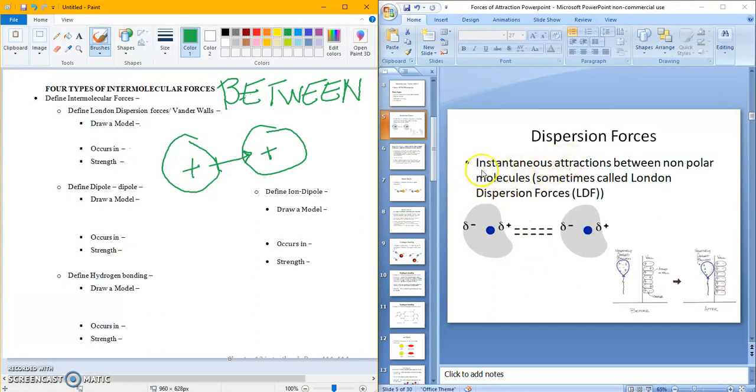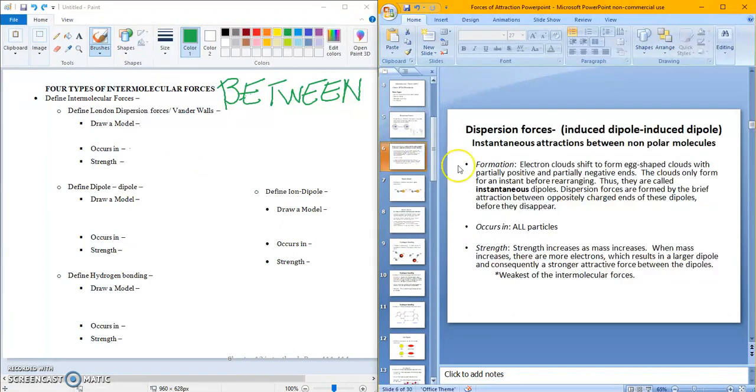So the reason why we call this instantaneous attractions is because these attractions aren't always there. They don't always exist. It only exists when you put two nonpolar things together and it forces them to create these instantaneous dipoles. Okay? Alright, so this is your model. Go ahead and draw that. And then, so what do they occur in?